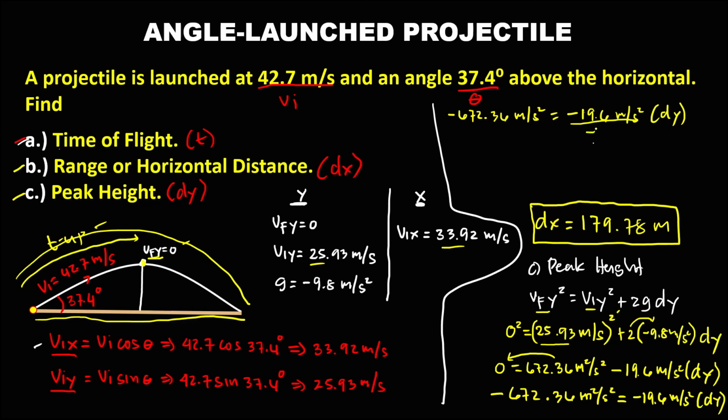To solve for dy, we need to divide both sides by negative 19.6 meters per second squared, then cancel.